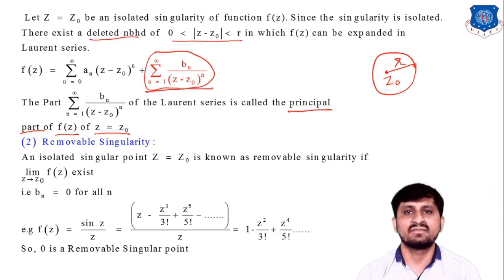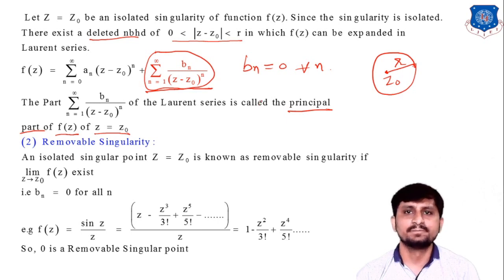So try to understand very carefully. The next definition is removable singularity. When we say z0 is a removable singular point, Bn is equal to 0 for all n. That means B1, B2, B3, all values are 0, so there is no principal part. Then z0 is called a removable singular point.